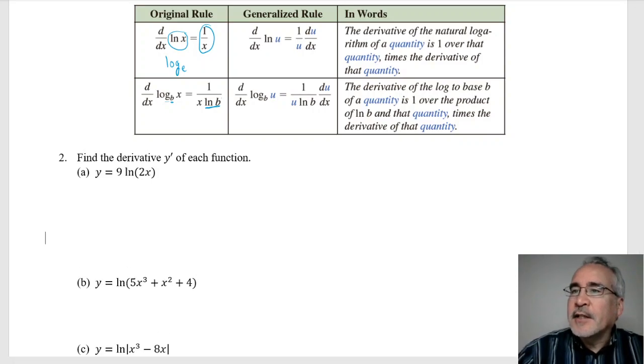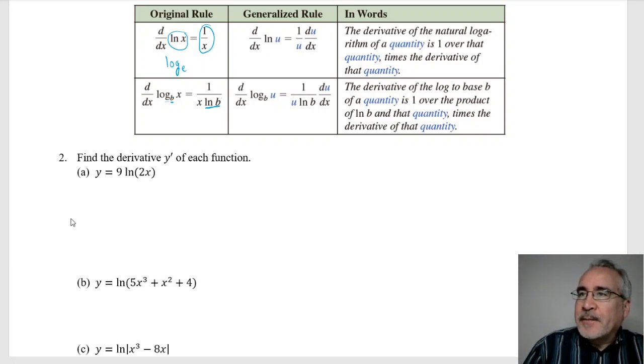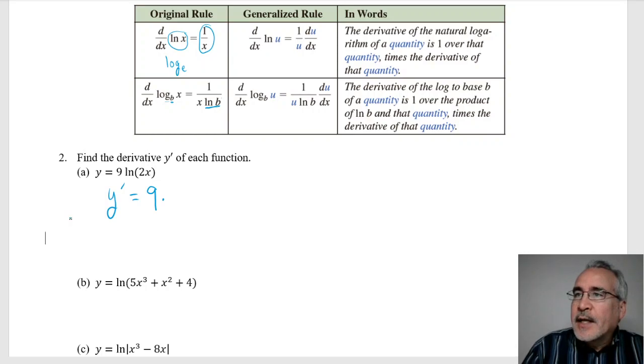Okay, so this first one, we just need to take its derivative. So I'm going to give a little bit more room here. The derivative, y prime. Okay, so thinking of the chain rule, here's a constant, so that's just a constant multiplier. Those just tag along. Now the derivative of the natural log of 2x, so what is inside the logarithm? 2x, so the derivative is going to be 1 over 2x.